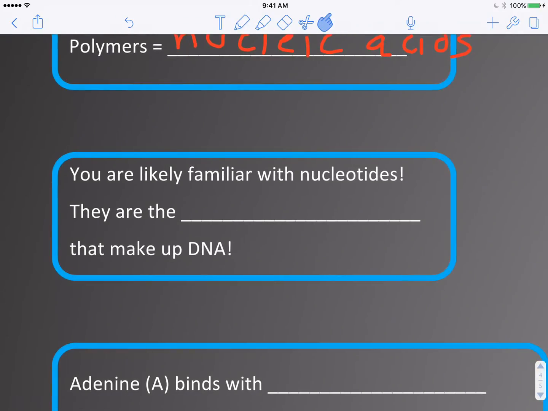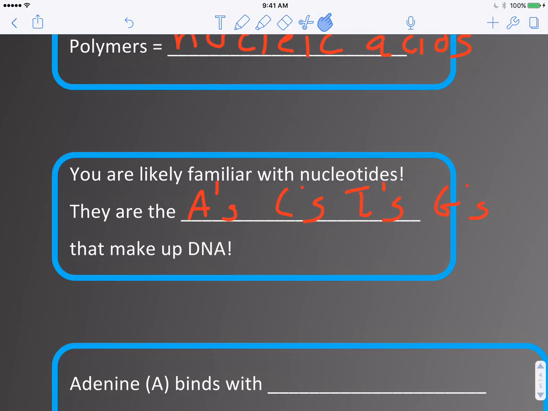Okay, nucleotides are the A's, C's, T's, and G's that make up DNA. That is the adenines, the cytosines, the thymines, and the guanines.